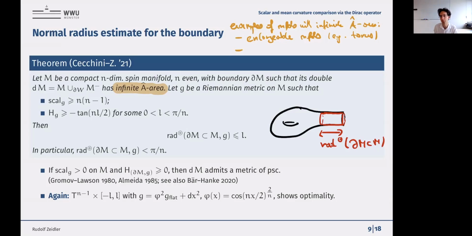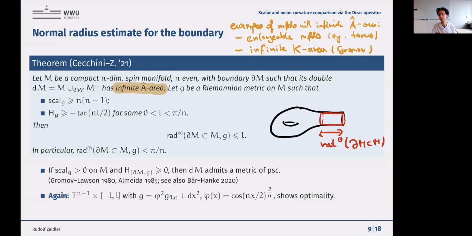An example of this would be to take half of the torus, such that if you double it, you get the full torus, and then you could apply the theorem to it. And more generally, manifolds of infinite K-area, a notion due to Gromov. Infinite A-hat area is, for spin manifolds, a slightly more general condition than infinite K-area. But I don't want to define it here in detail.